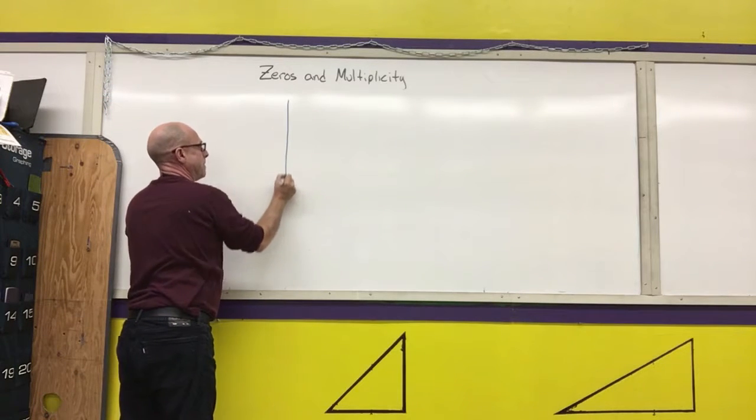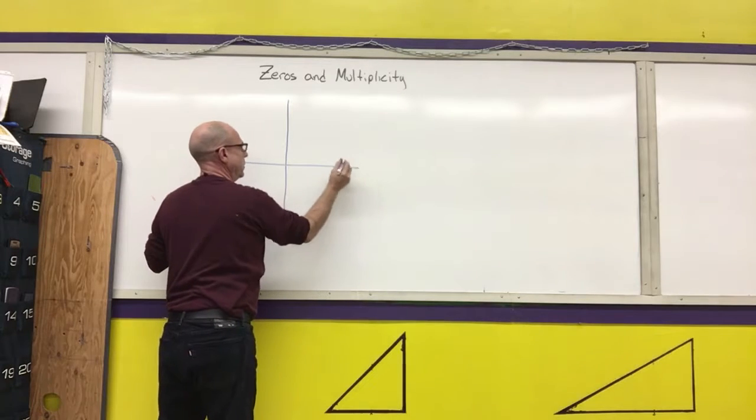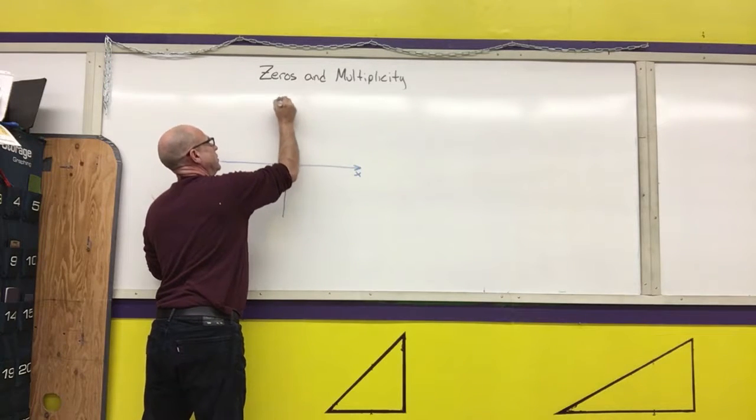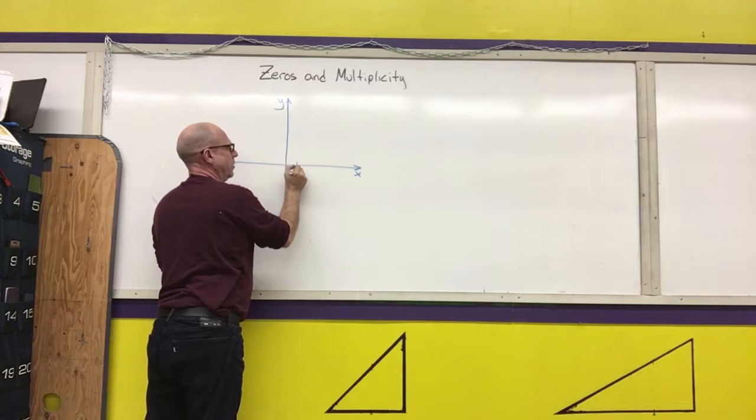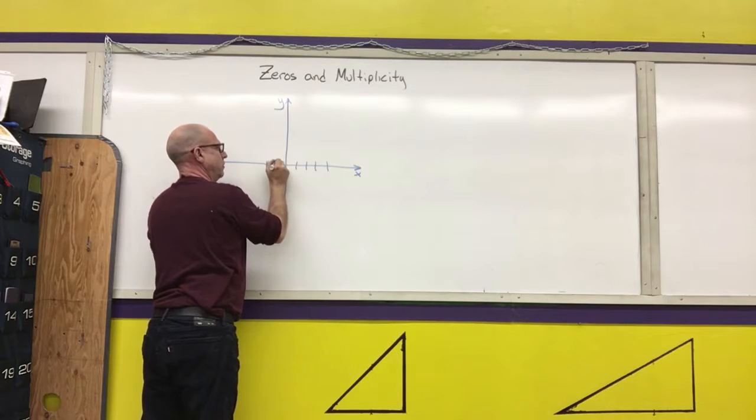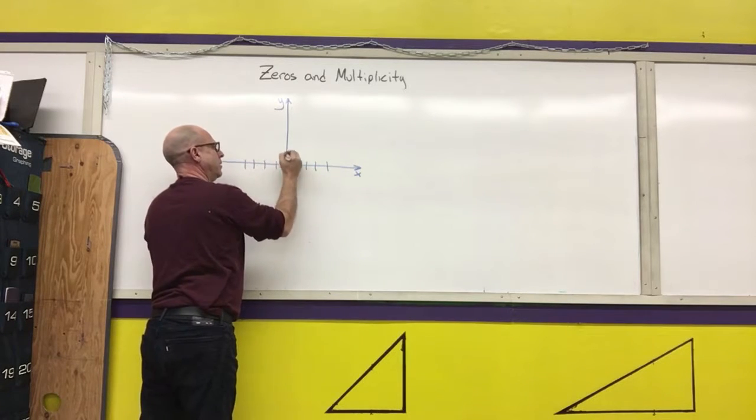So this is x. This is y. 1, 2, 3, 4. 1, 2, 3, 4.